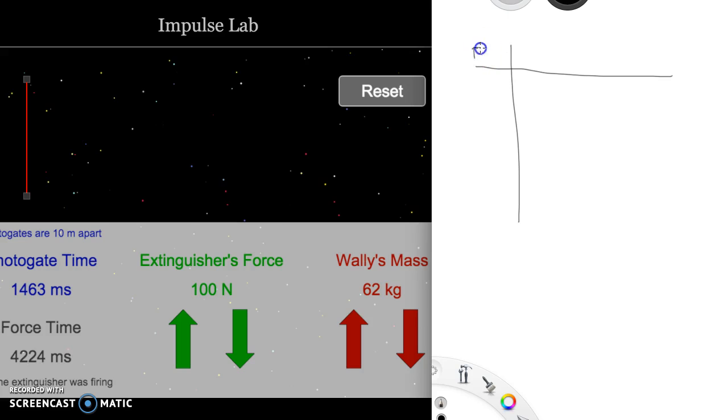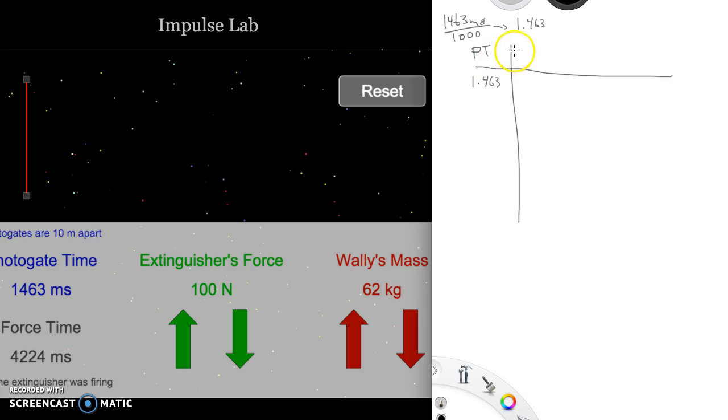So the photogate time, which we'll call PT, was 1,463 milliseconds. We divide by 1,000 to get seconds, which gives us 1.463 seconds.